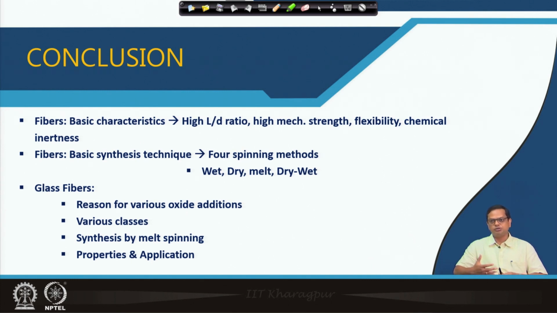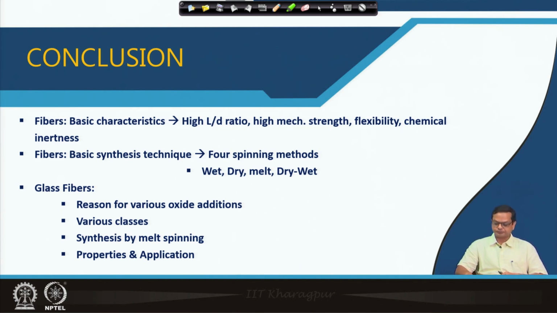We discussed what glass fiber is and why we add different oxides, basically to improve their mechanical and physical properties, as well as to lower the melting point. I talked about various classes like C class, D class, E class and others, the synthesis of glass fiber by melt spinning, and finally the properties and applications of glass fiber.